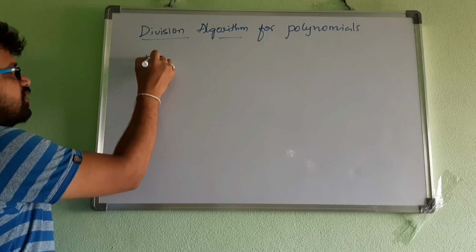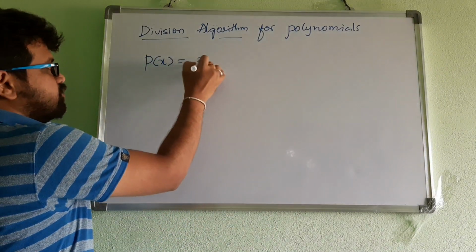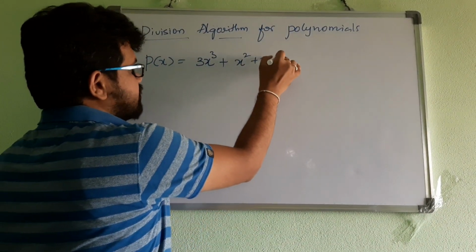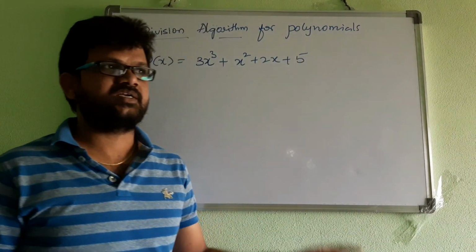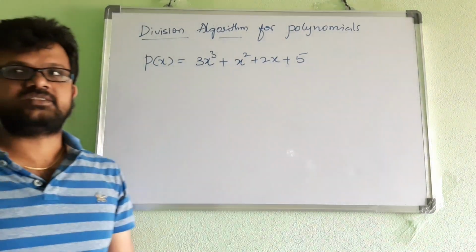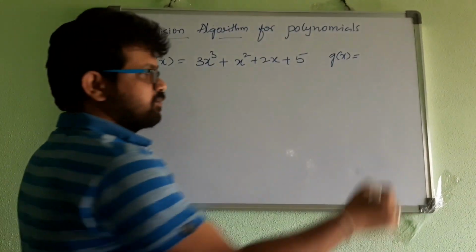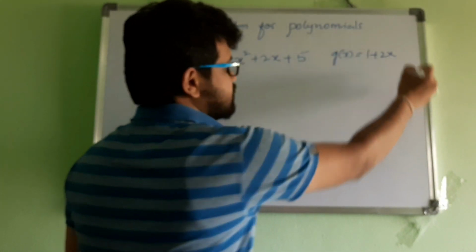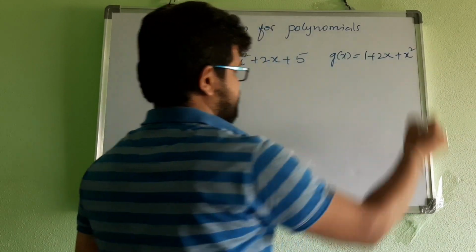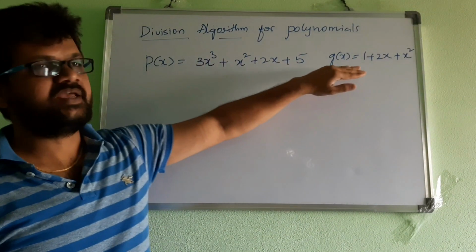Let us take one polynomial, P of x is equal to 3x cube plus x square plus 2x plus 5, and this must be divided by another polynomial, g of x is 1 plus 2x plus x square. So divide p of x by g of x.